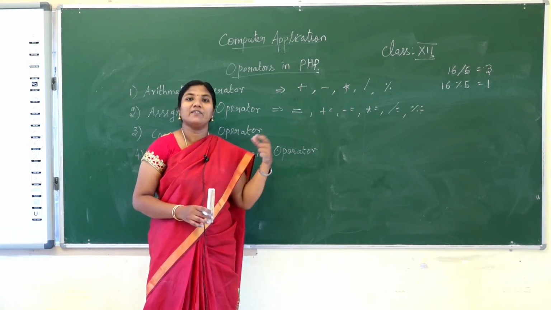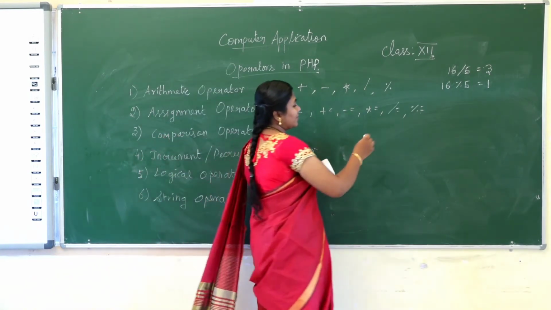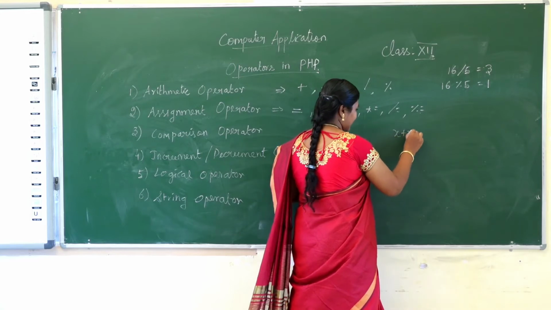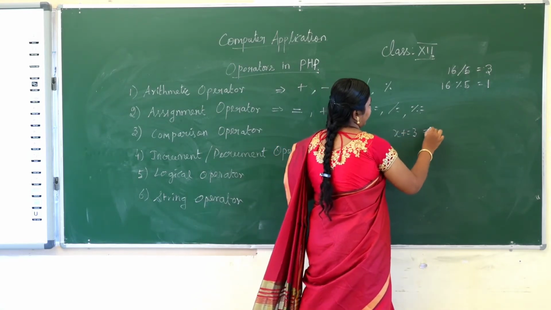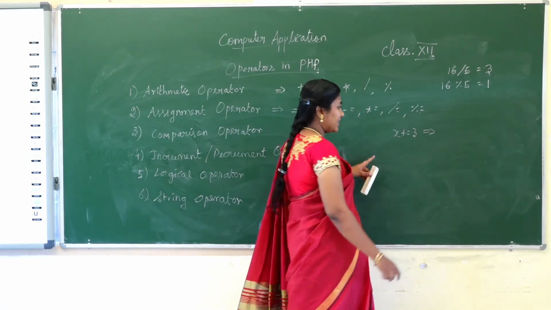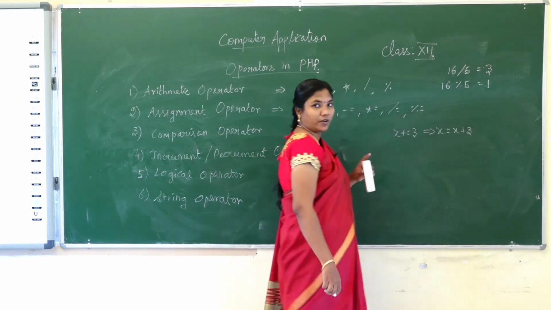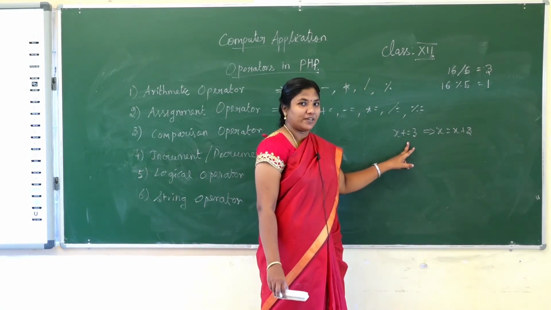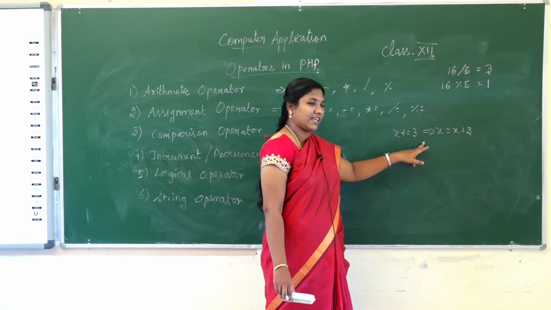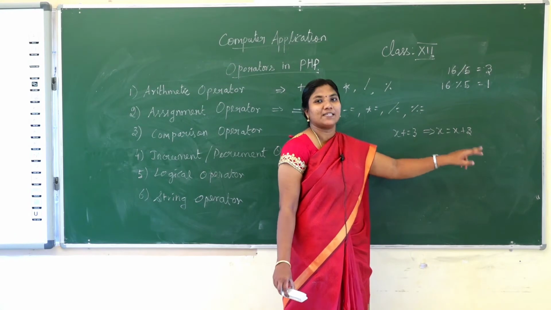When it is combined with the arithmetic operators, it gives the meaning as follows. Suppose I am having x plus equal to 3. What is the meaning of this statement? x is equal to x plus 3.